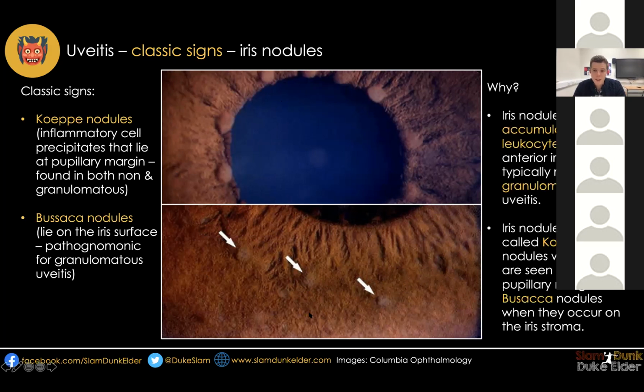Why? Once again, you've got leukocytes, the adaptive immune system, clumping together to form these. Specifically, Busacca nodules are pathognomonic for a granulomatous condition, for example TB or sarcoid. So if you see these, you have to think granulomatous uveitis as a cause, okay?